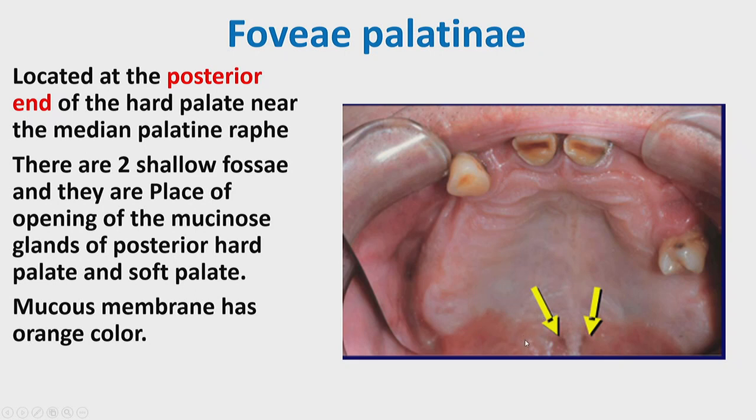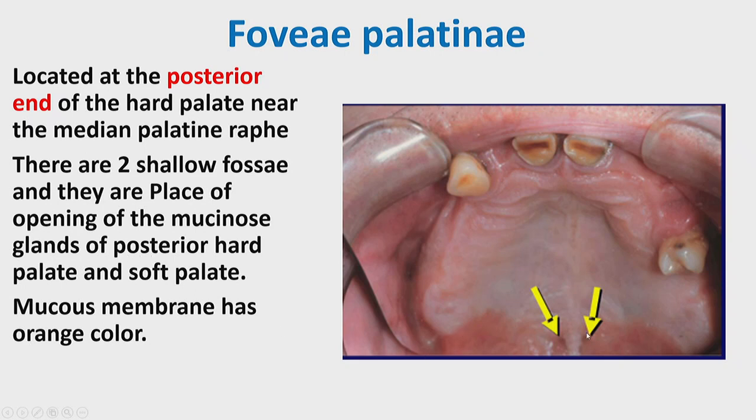Another structure that you can see in the palate, especially in the anterior part of the soft palate and posterior part of the hard palate, is these two small openings called foveae palatinae. They are two shallow fossae at the posterior end of the hard palate or anterior part of the soft palate, and they are the place of the opening of the mucinous palatine glands. These are minor salivary glands.